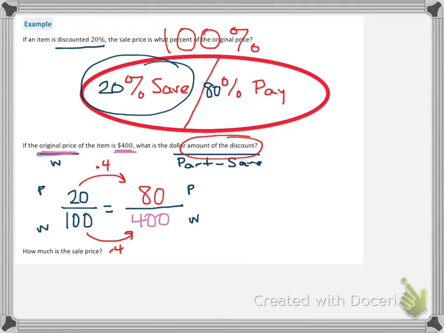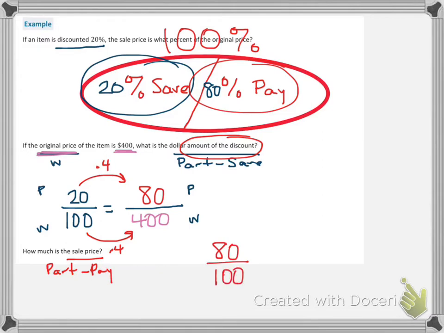Okay, next question. How much is the sale price? Well, the sale price is a part that we pay. So I need to use a percent that we pay. That's this one right here. I have to use that so that it matches. 80 per 100 is equal to another part to whole ratio, and they gave me the whole, which was 400.